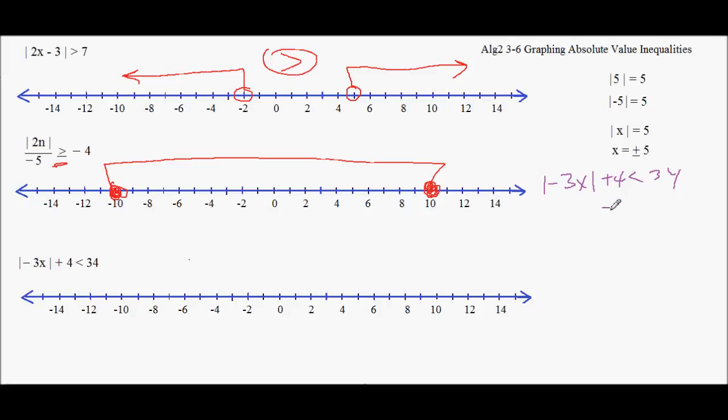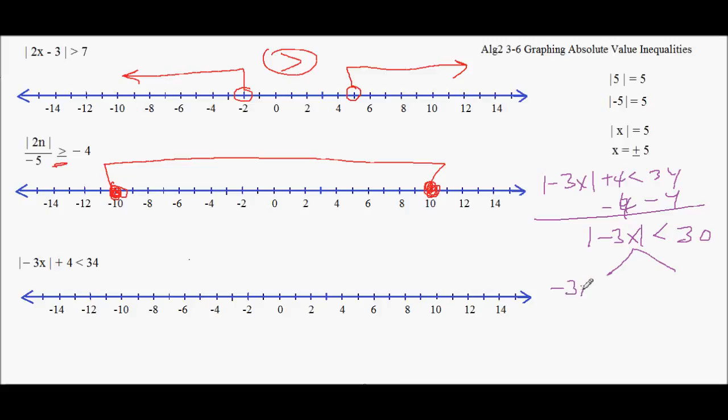Okay, so I'm going to minus 4 from both sides. I'm going to do that first because I want to get the absolute value by itself. And then minusing 4 does not flip the inequality, only multiplying or dividing. And I get 30.